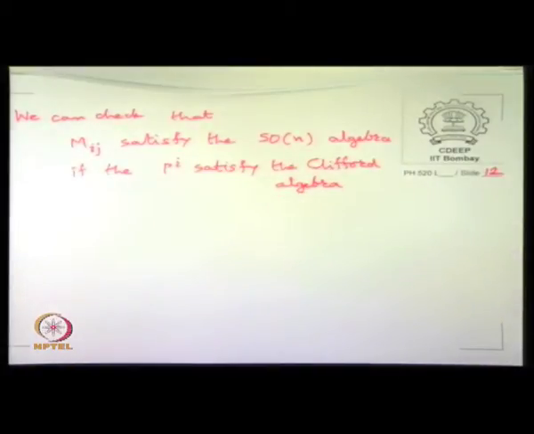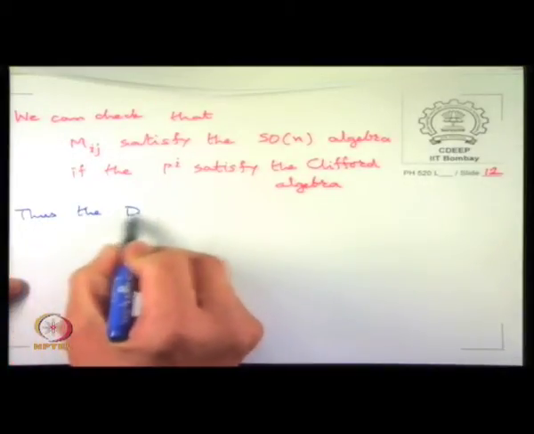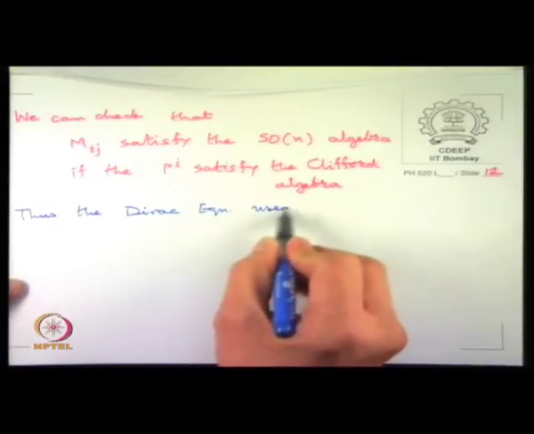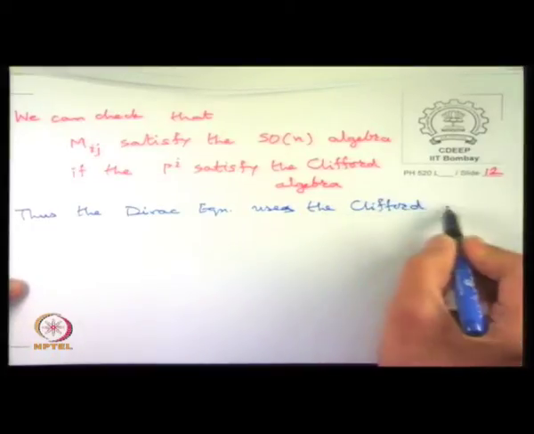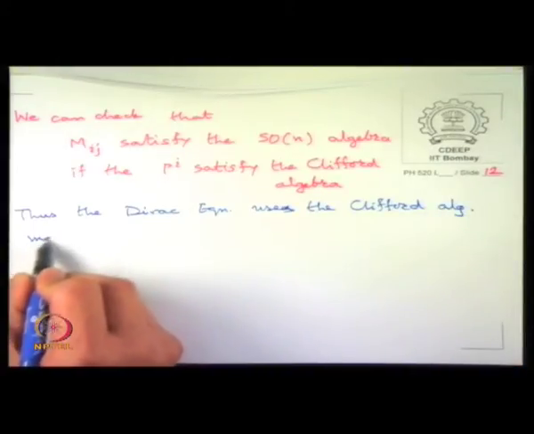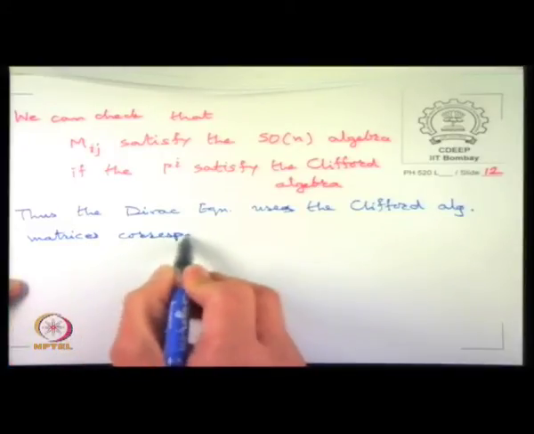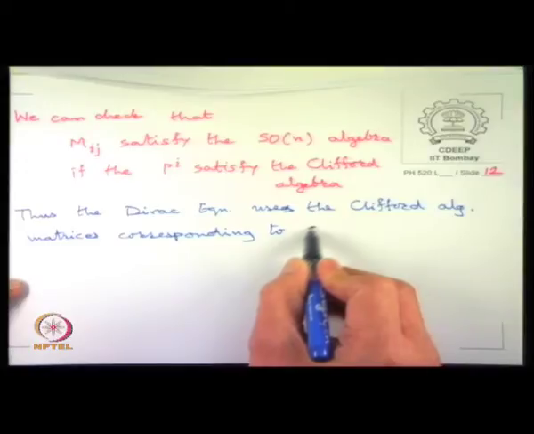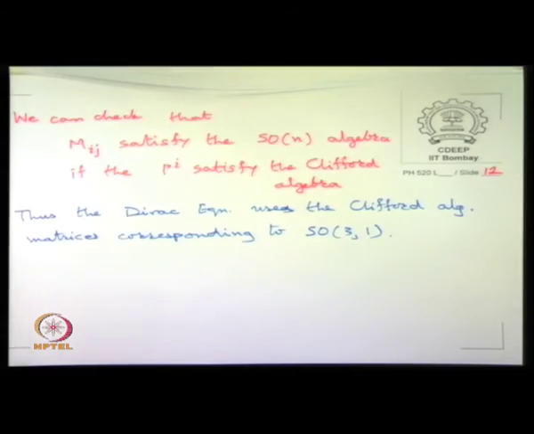But this is essentially what the Dirac equation is. Okay, so I think we will stop with the Lorentz group there.